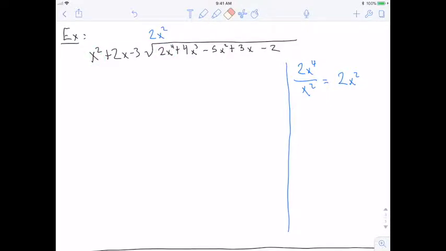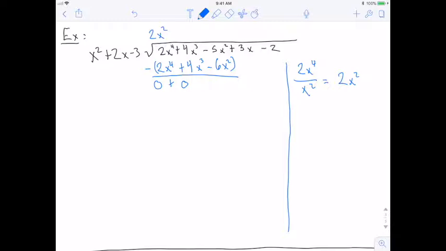Okay, now that we know what the term on top is, we just multiply out and start subtracting. So this becomes 2x to the fourth plus 4x cubed minus 6x squared. 2x to the fourth minus 2x to the fourth is 0. 4x cubed minus 4x cubed is 0.